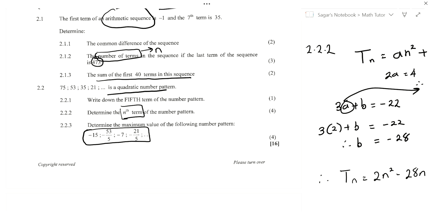Right? We know we are dealing with quadratic equations, so we know it's going to be a parabolic or quadratic function. And when they ask for a maximum value, we know the curve is going to be inverted, and we are going to get a maximum value, right?